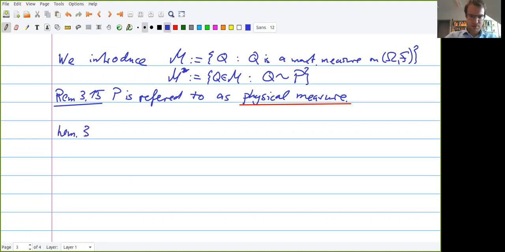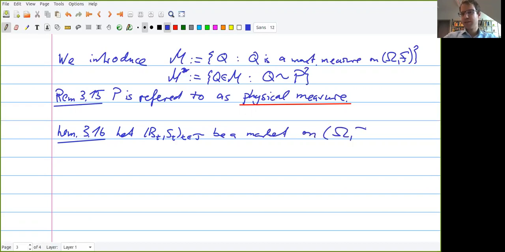So, 3.16: if we have our general financial market, as before, and to make it explicit, this market is modeled on a probability space omega F P. Now we can take a measure Q which is supposed to be a martingale measure, and equivalent.